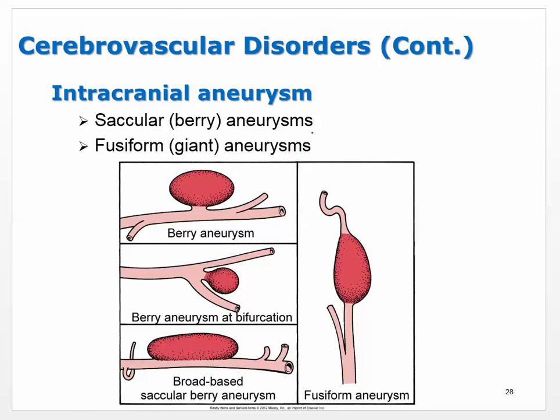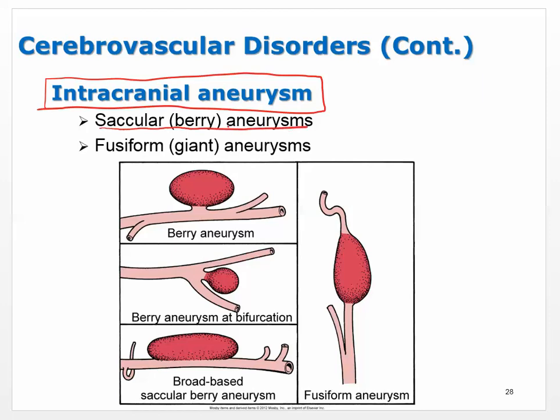Okay, so let's talk about aneurysms. We're focusing here on the brain, so intracranial aneurysms. Even though aneurysms can also happen in the heart, although it's generally a dissection, which we'll talk about when we cover cardiovascular. There are a couple of types of aneurysms that we're going to talk about.